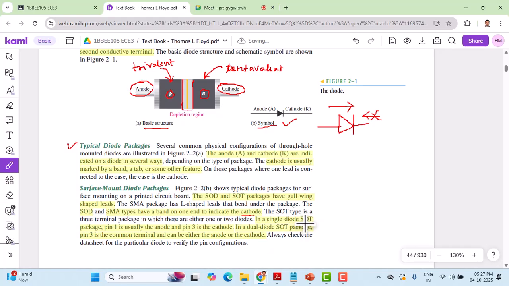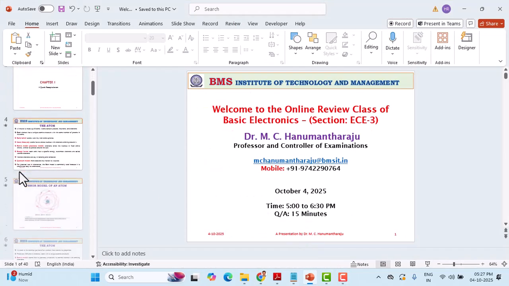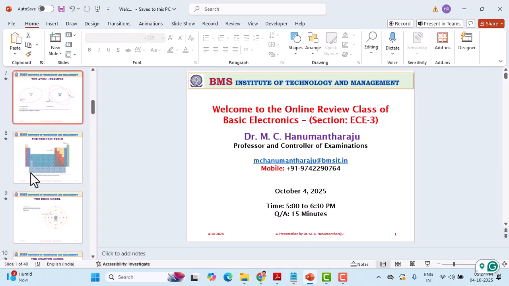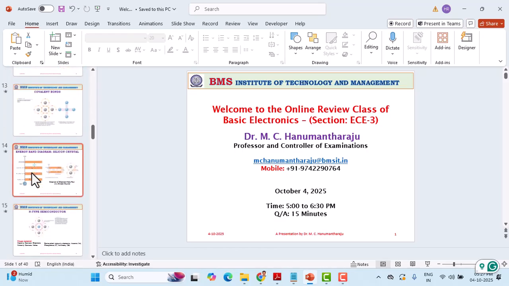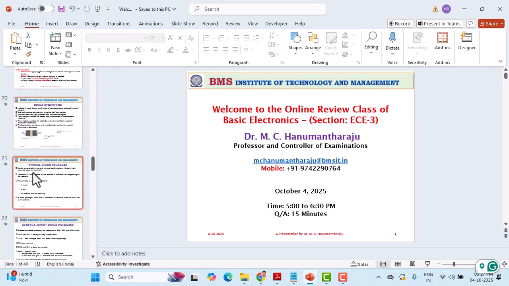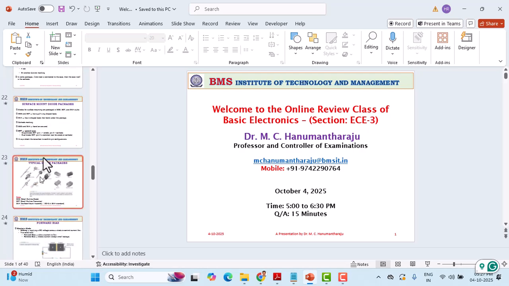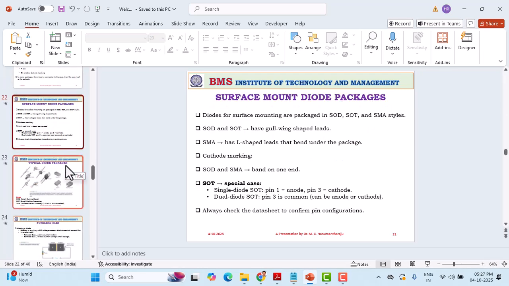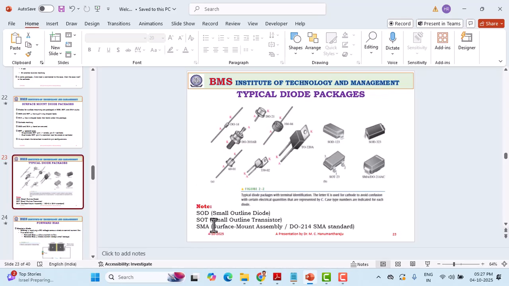That's how the different packages are manufactured. I've discussed the expansion of these in class as well, and I'll just show you for your reference how these packages are labeled. SOD stands for small outline diode.